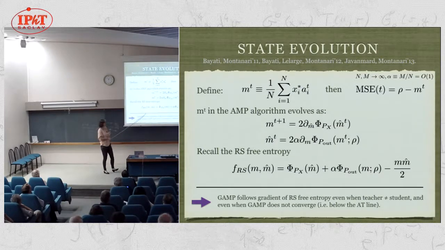It cannot converge, and it actually does, exactly below the AT line, and that's exactly what Bolthausen proved in his paper. But even when it does not converge, it follows the gradient in the replica symmetric free entropy. So in a sense, David, your wrong replica symmetric solution of the SK model is maybe wrong for the physics, but it describes exactly the behavior of this algorithm that now is used by thousands of people.